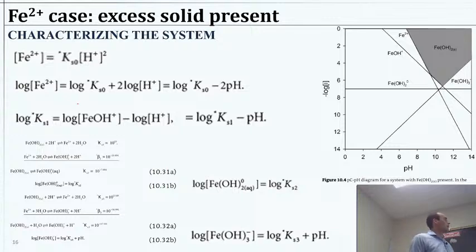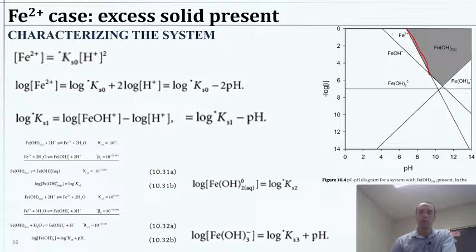That gives us a linear relationship on a log plot. Log plots are really helpful for getting rid of those exponents. So we end up with log of Fe2 plus equal to log of that first solubility product minus 2 times pH. This is going to be a minus 2 slope that will define the threshold between Fe2 plus and the solid, and for some pH range that'll be relevant, as we see right here.